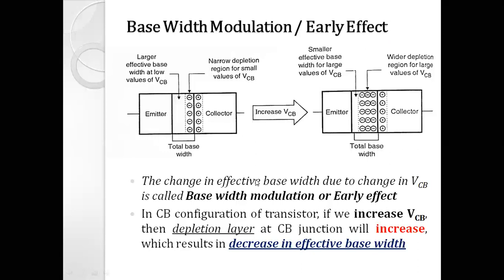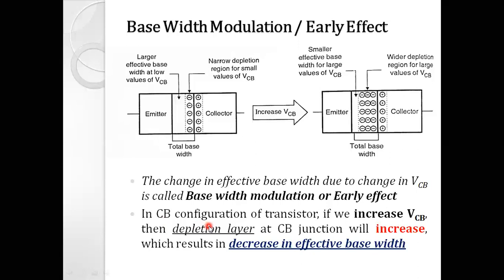The statement for the base width modulation, which is also known as the early effect, is the change in the effective base width due to change in VCB. What is VCB? VCB is the voltage applied between collector and the base terminal when the transistor is connected in the common base configuration.